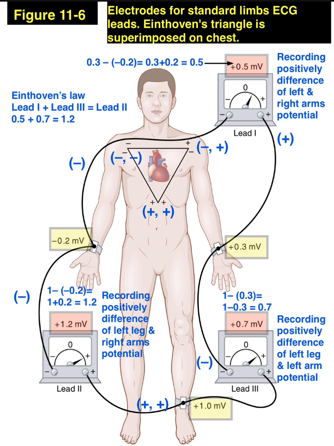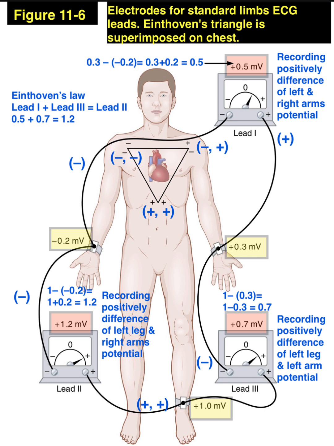The right lower meter is recording positively the difference of potential, that is 0.7 millivolt between left leg and left arm. Mathematical calculation of this difference is shown on the diagram.